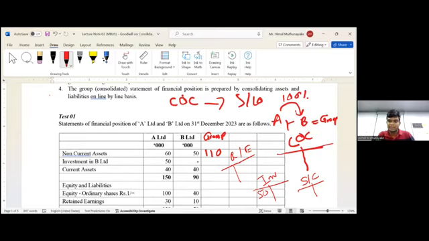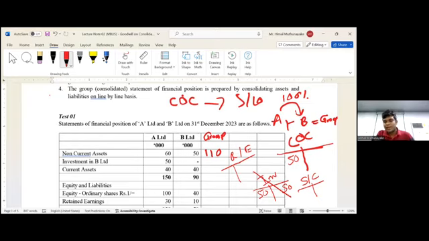That means you need to credit 50,000 here, and debit this 50,000 to the cost of control account. So now I am going to calculate the cost. Therefore I close this investment account. Now I have the debit balance. I credit 50,000 and debit it to the cost of control, transferring it to the cost of control account.